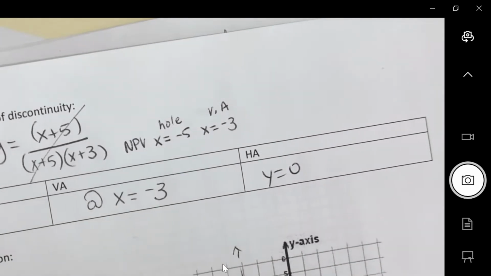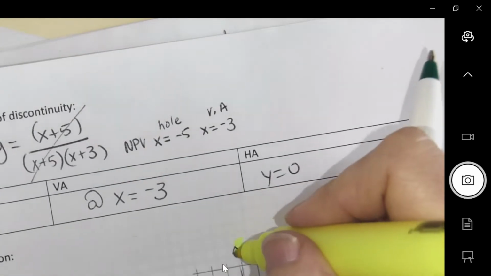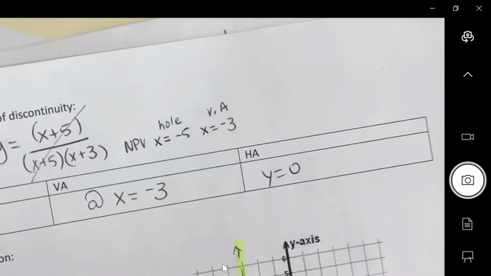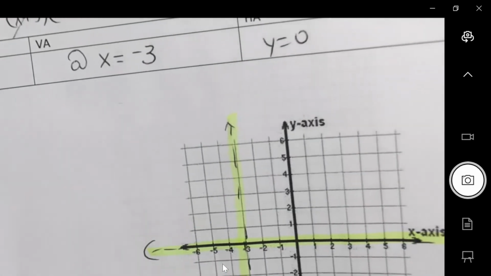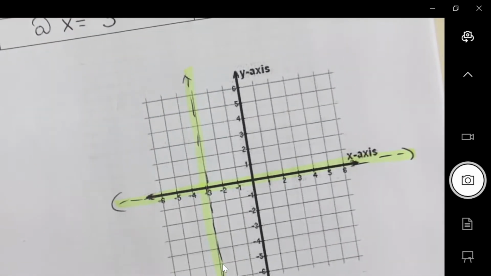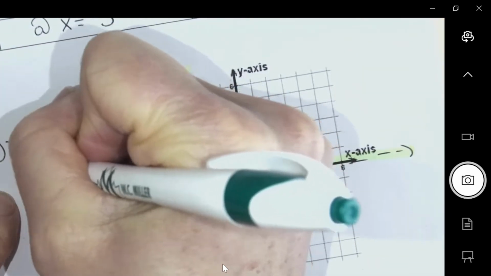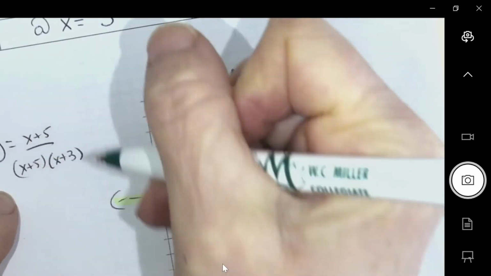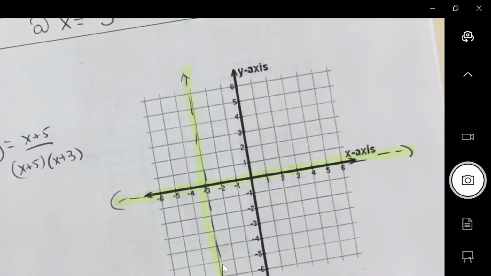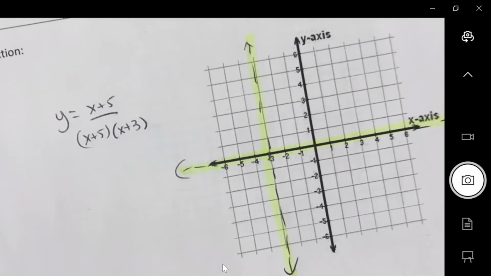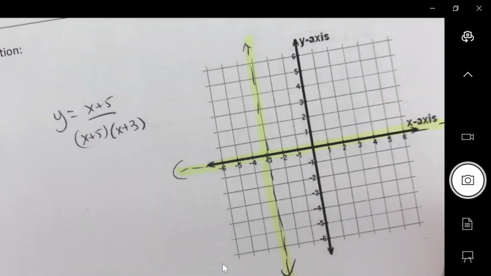I'm going to draw my 2 asymptotes on there. That's all I can start with right now. So there's my asymptote, x equals -3 and y equals 0. Your hole, don't worry about it yet, we got to get there though.